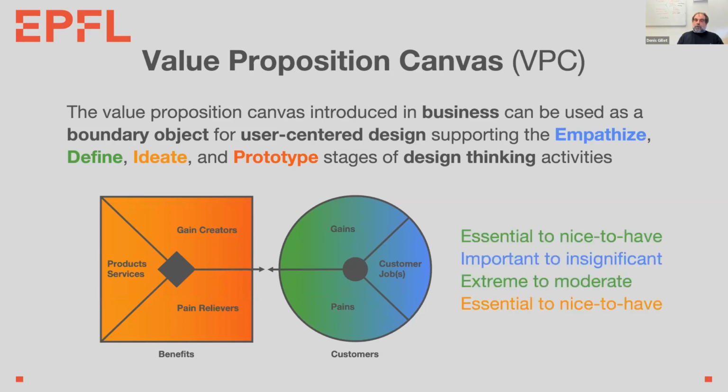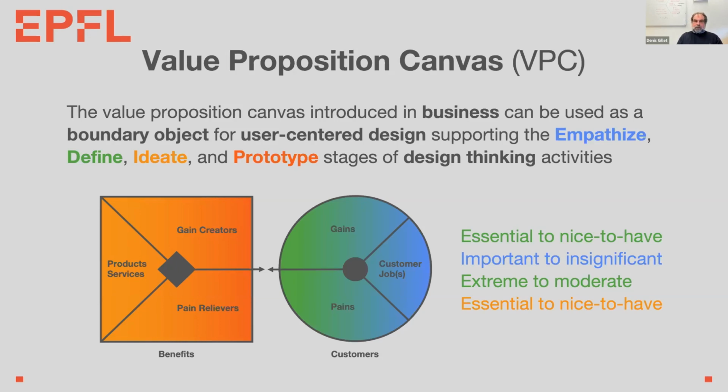So all those dimensions, and typically, for example, the gain, you can classify them from essential to nice to have. The customer jobs, it could be important or insignificant. And for example, the pain can be extreme or moderate, and also the product, services, gain creator, and pain reliever can be classified from essential to nice to have.